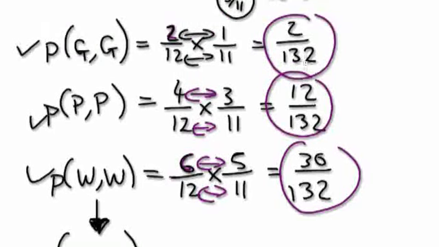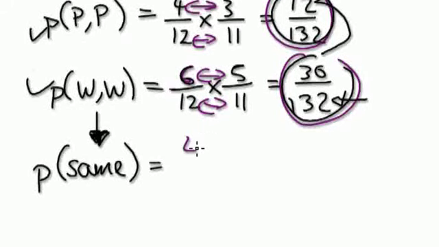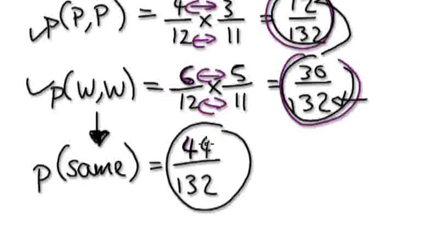So it would be this plus this plus this. Notice that all the denominators are the same, so I'm just going to add the top numbers. That would be 30, 42, 44. So it would be 44 over 132. It's a bit hard to understand this, so let's convert it to a decimal.